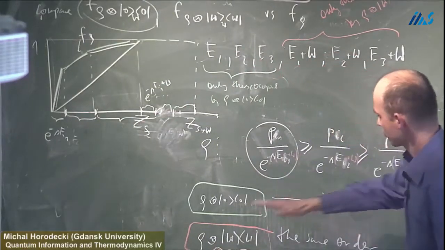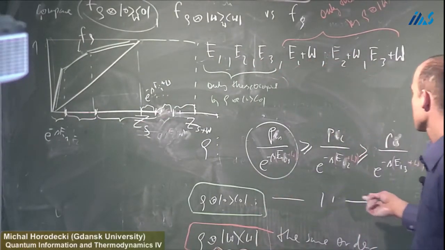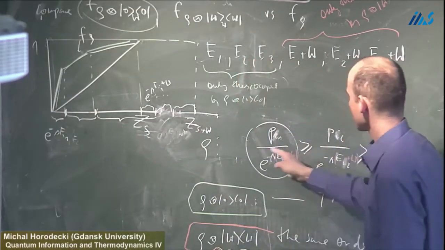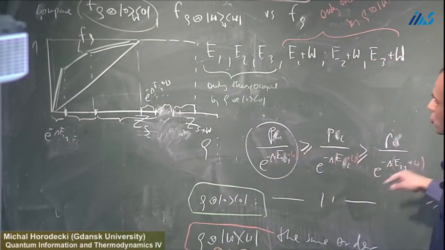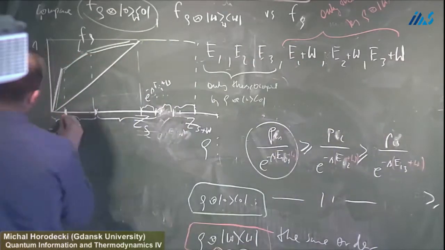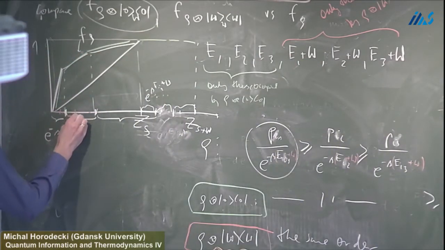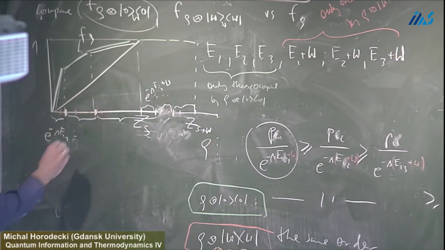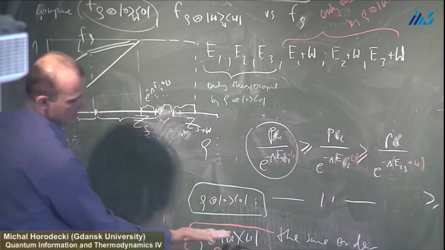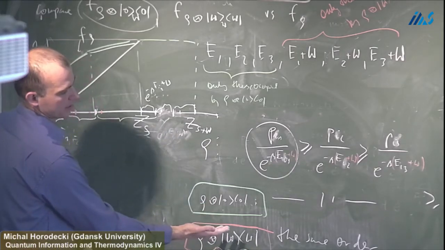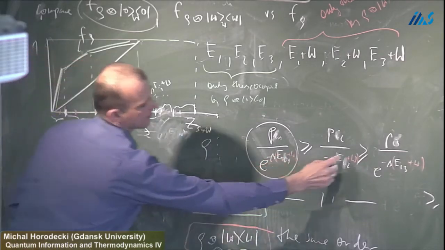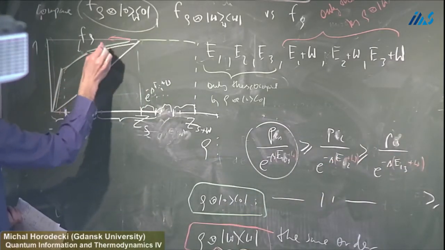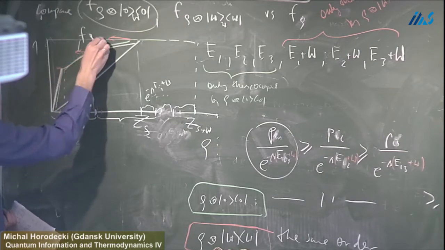So then I should draw also this diagram. But as I said, this diagram differs only by the fact that now these quantities should be on the x-axis. So I put this here. And otherwise, this diagram doesn't differ. It differs only by this additional factor in the denominator, and therefore it's just shrinking the x-axis.